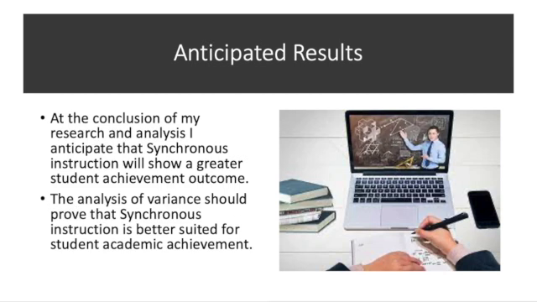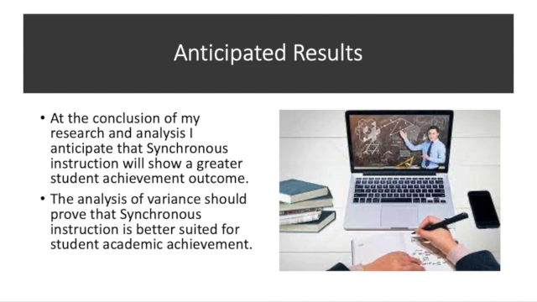Okay, next, let's talk about the anticipated results. What am I anticipating and the outcome? So it says, at the conclusion of my research and analysis, I anticipate that synchronous instruction will show a greater student achievement outcome. So I'm expecting them to have a better student achievement outcome because they are participating in synchronous instruction.